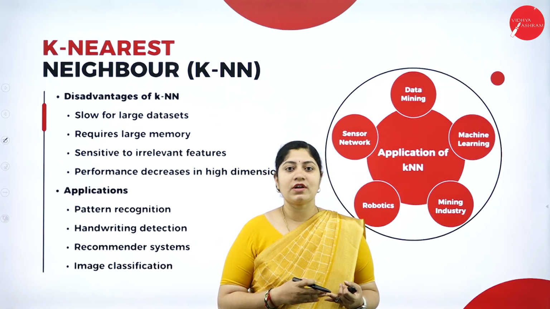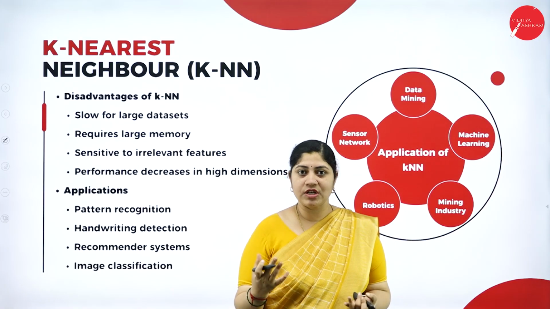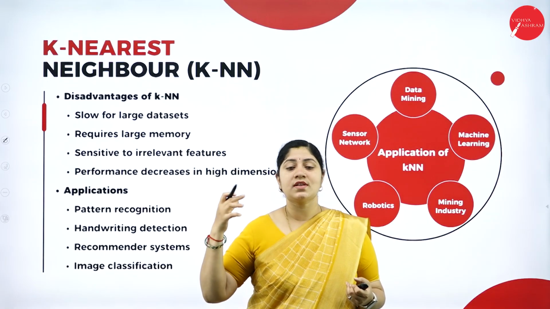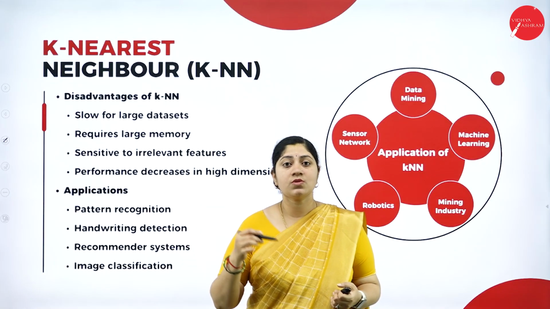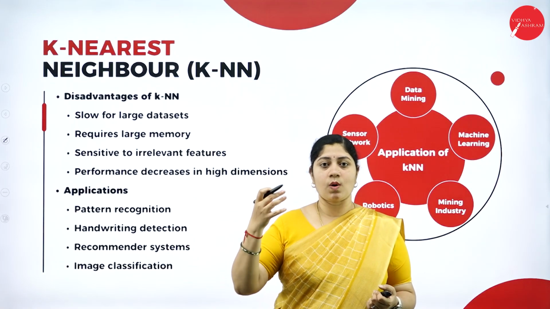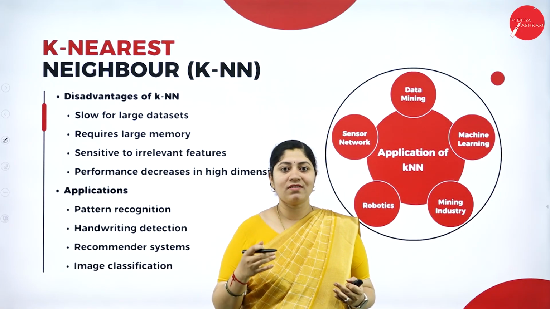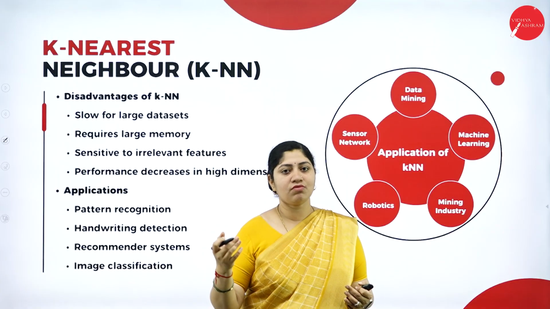The main disadvantage is that the process is very slow if we consider a large data set, and it requires large memory too. It is also very sensitive to any irrelevant features which are available along with the neighbors. So the performance decreases if it has high dimensional values.